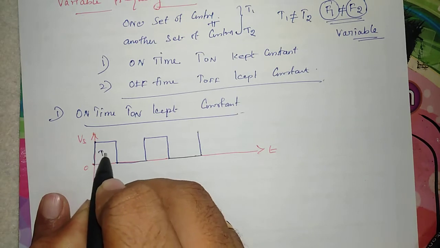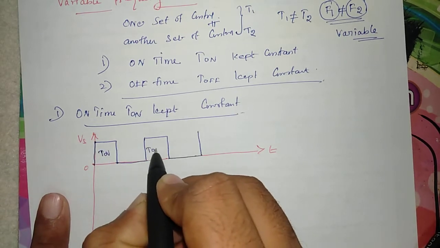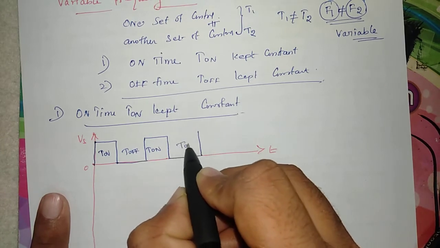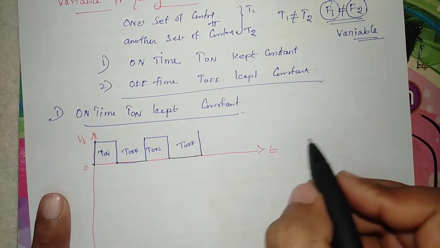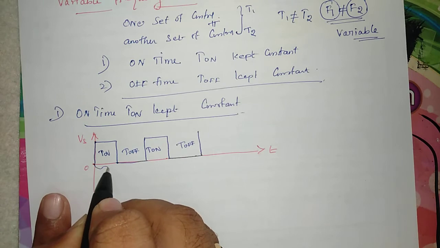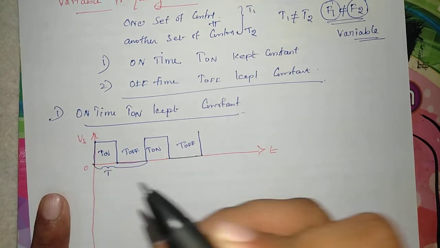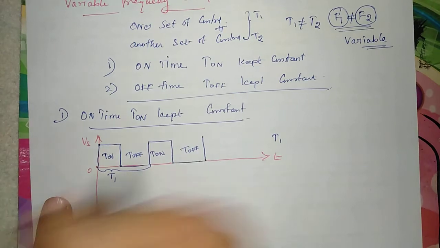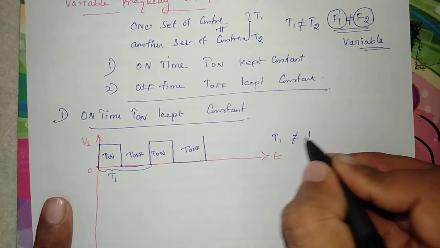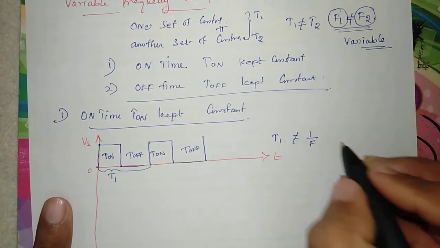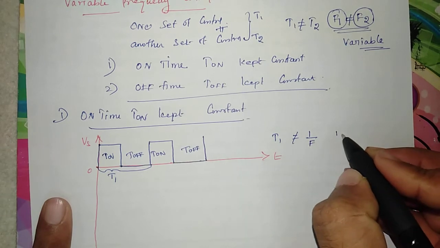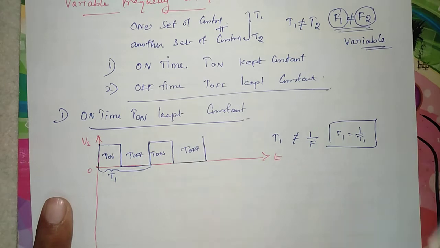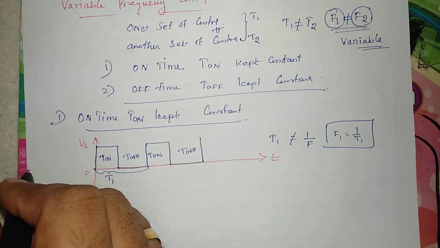This on time should be equal to this on time, this off time should be equal to this off time, because in one set of control all should be equal. Here we are having one time value t1. Here the frequency is nothing but 1 divided by t1, f1, that is the frequency in the first set of control.